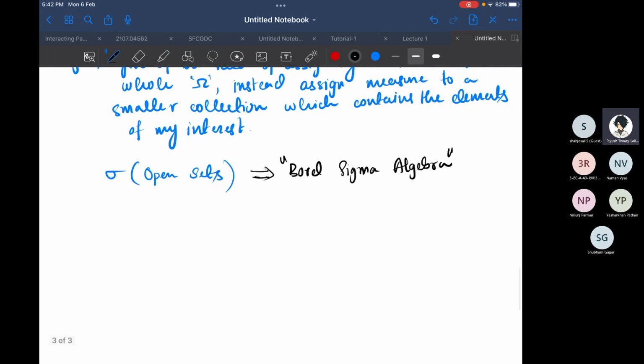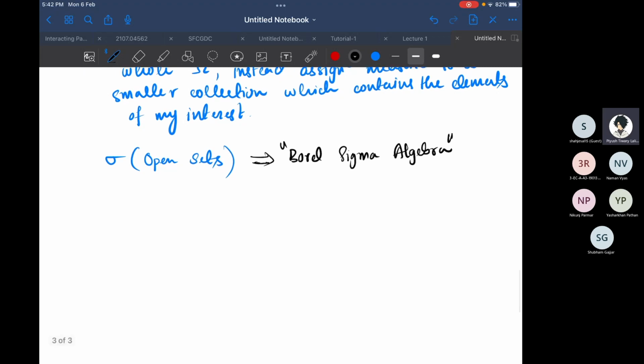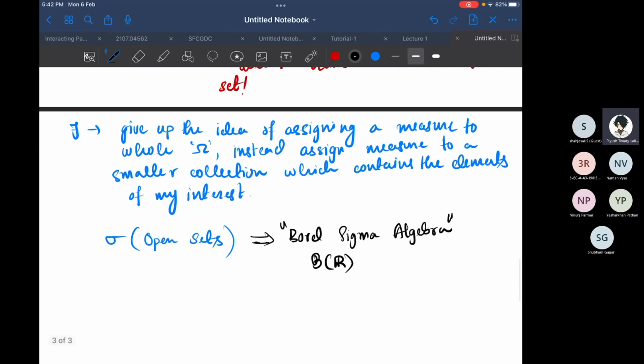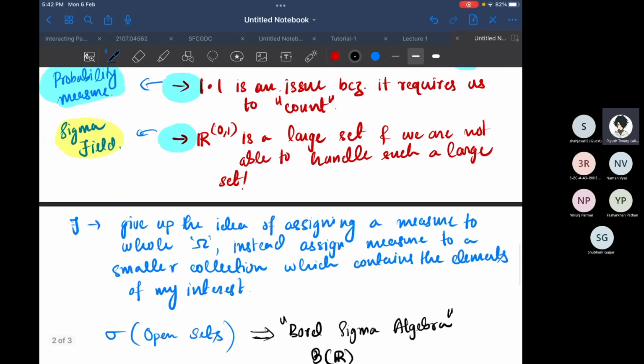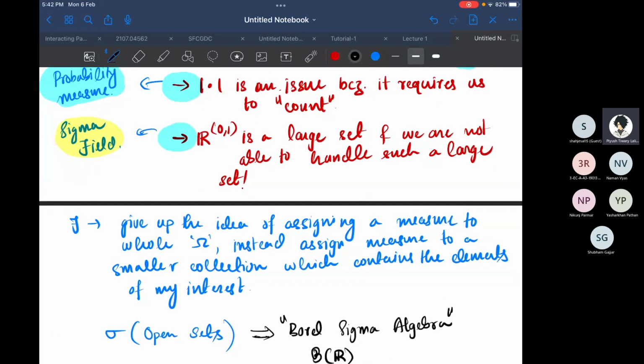If you go into measure theoretic probability, the Borel sigma algebra keeps popping up, and it is denoted by B(R). B is for Borel and R is because we are using open sets of the real line, so it is denoted as the Borel sigma algebra.